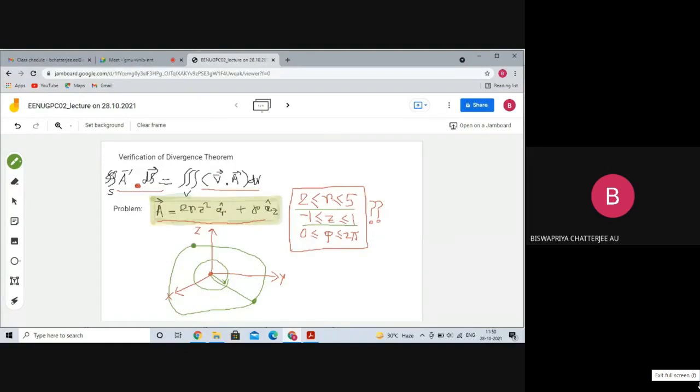If you use a 3D figure, it's like this. It will form a hollow cylinder. There is a definite solid part in it. I don't know whether my diagram is convincing enough, but I want to make it clear.